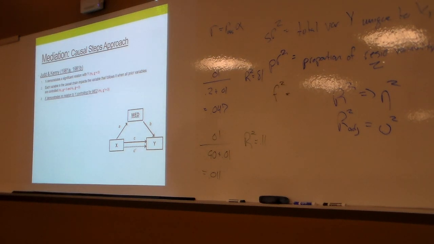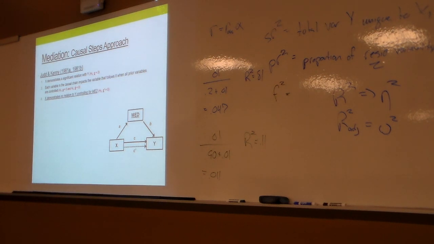When I'm looking at my relation with my mediator, the only thing to my left is X, so I don't have to worry about it. When I'm looking at the effect on Y, I not only have to establish a relation with my mediator, I also need to make sure my X variable is included there to account for that.